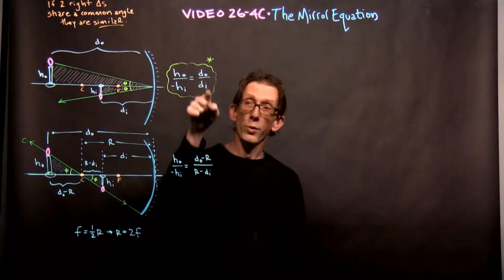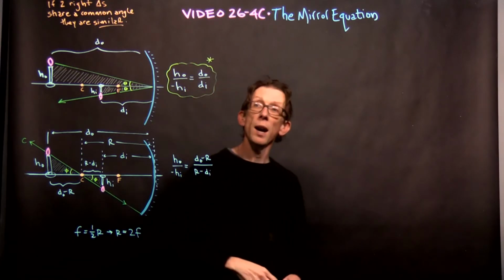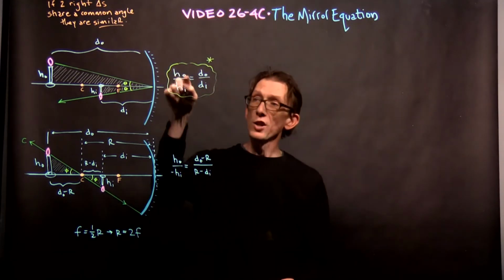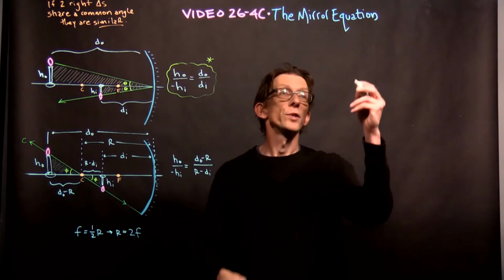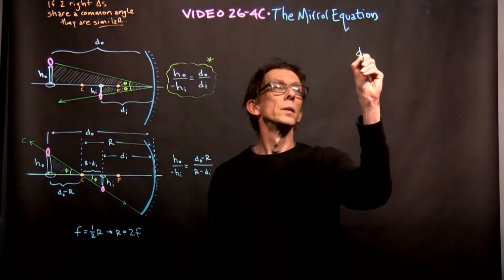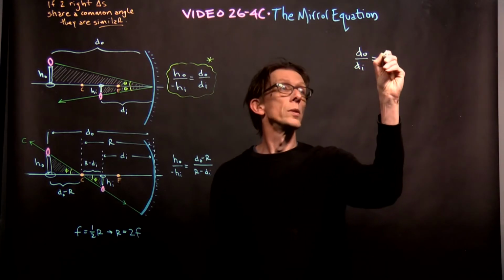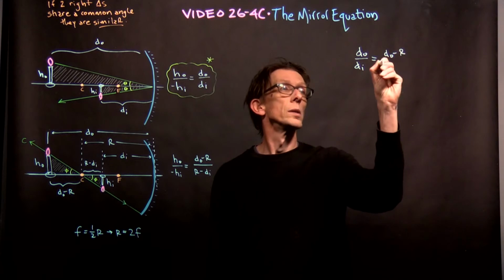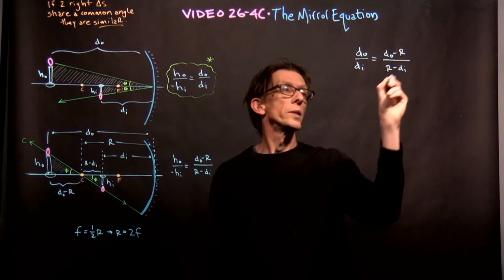So these two are both true at the same time, and both equal HO over negative HI, so the right-hand sides must be equal. We can write D naught over DI is equal to D naught minus R divided by R minus DI.